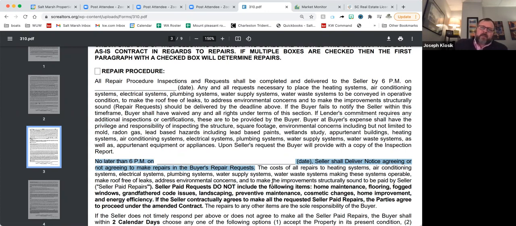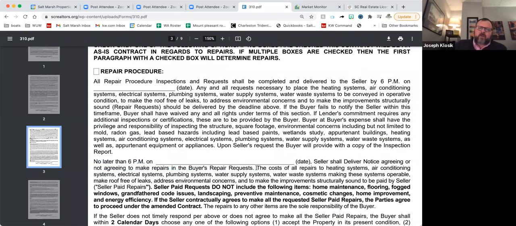This then repeats from above: the costs of all repairs to heating systems, air conditioning systems, electrical systems, plumbing systems, water waste, and making sure these systems are operable, roof free of leaks, environmental concerns, and structurally sound shall be paid by the seller. Seller paid repairs. Seller paid requests do not include home maintenance, flooring, fogged windows, grandfathered code issues, landscaping, preventative maintenance, cosmetic changes, home improvement, energy efficiency.